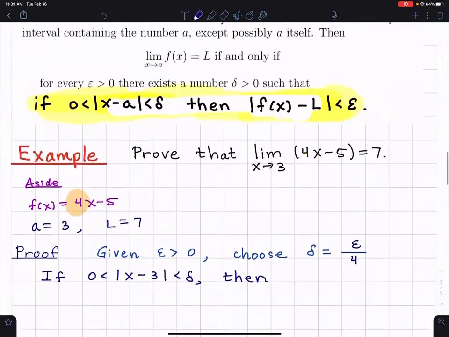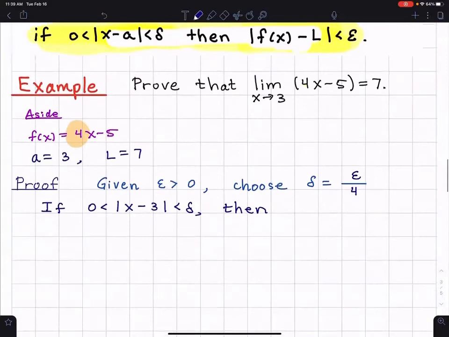Now, to satisfy the definition, I'm going to work on this. I'm going to write down f of x minus L and show it's less than epsilon, given my assumption that delta is epsilon over 4, and that the absolute value of x minus 3 is less than delta and greater than 0. So let's see, f of x, let's fill in the blank, is 4x minus 5.